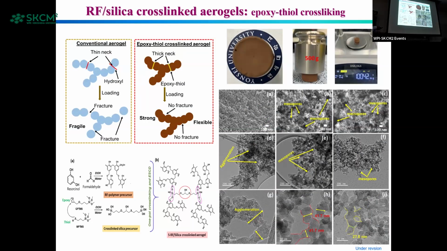But if you use supercritical drying methods, you can see a highly porous, mesoporous network. We compared with the conventional aerogel. This is the conventionally reported synthesis process, and this is our process. You can find that neck thickening is possible. The connection between two particles in the aerogel is enhanced, and that's why we achieved high mechanical strength in this thick-necked aerogel.